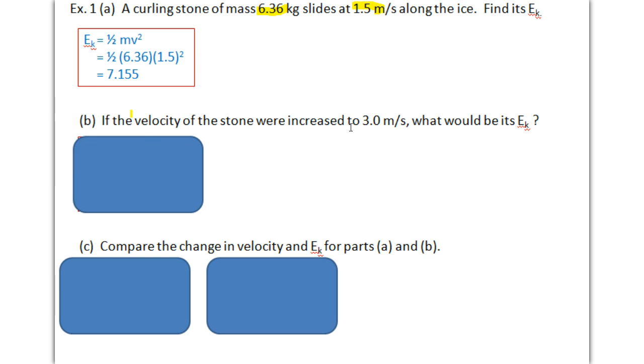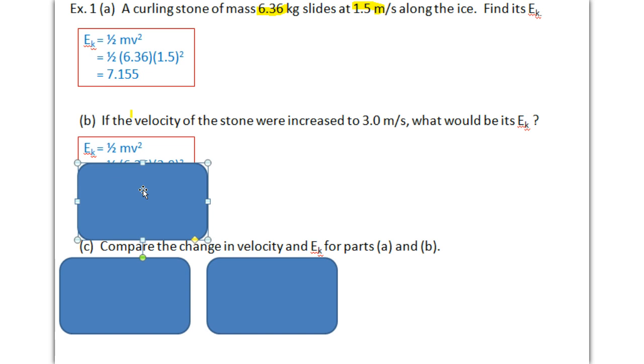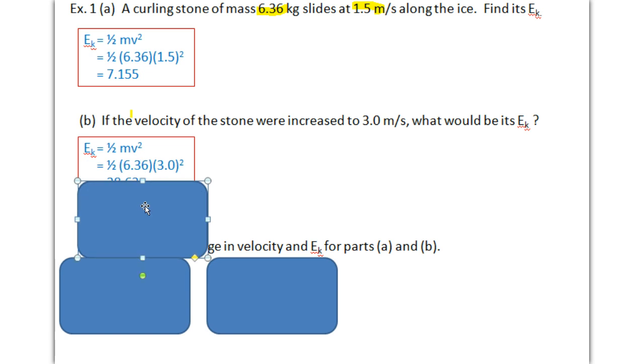If the velocity of the stone increases to 3 meters per second, what would be its kinetic energy? So the mass remains unchanged, we've doubled the velocity, and we have 29 joules.